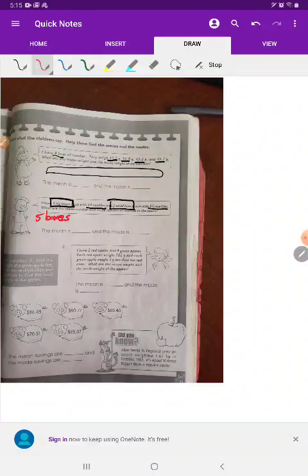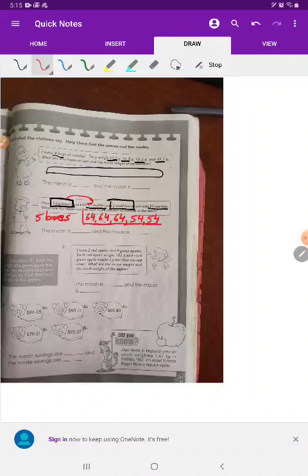5 boxes of marbles, which means how many big boxes? I have 64, 64, 64. 3 big boxes, 1, 2, 3. 2 small boxes, 54, 54. See that? 64, 64, 64 because I have 3 big boxes, 54, 54 because I have 2 small boxes.